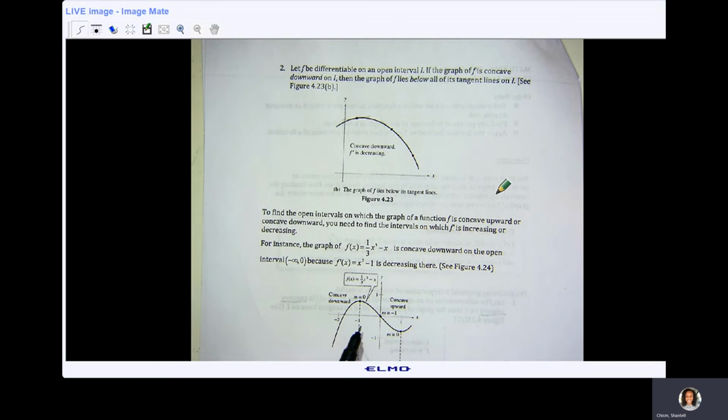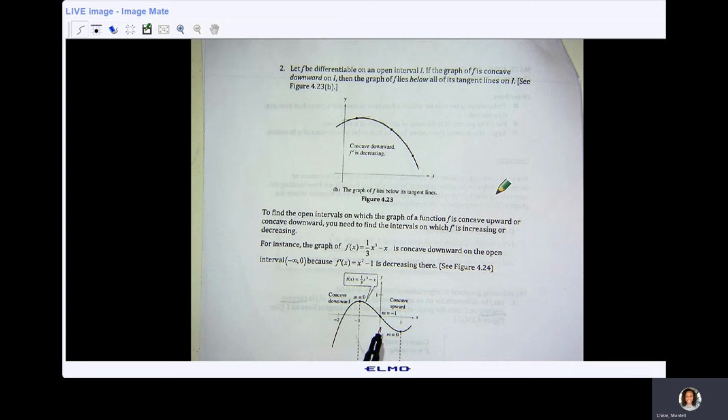Let's take a look at that. So here is your original function, okay? The slope at this particular point here is 0 because that's a critical value. You can see that would be a critical value. So the slope is 0 there.